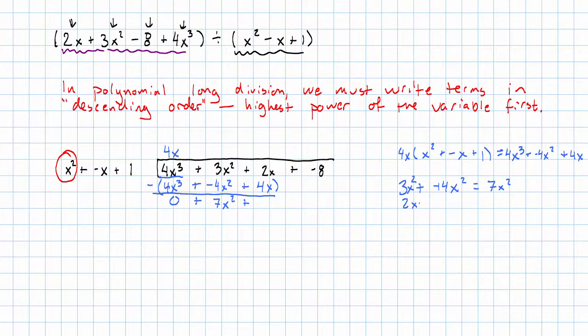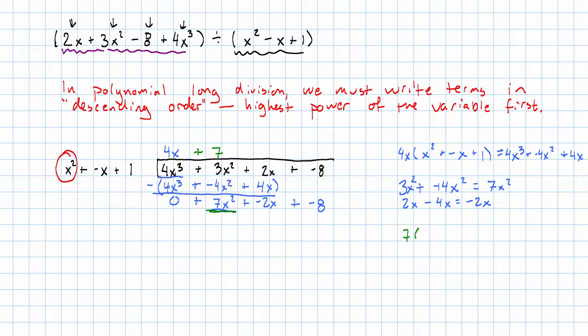Two x minus 4x is negative 2x. And now we bring down the last term. X squared into 7x squared. 7 divided by 1 is 7. X squared divided by x squared is just 1, so we don't need to write anything.